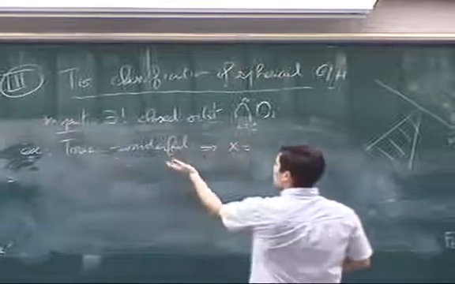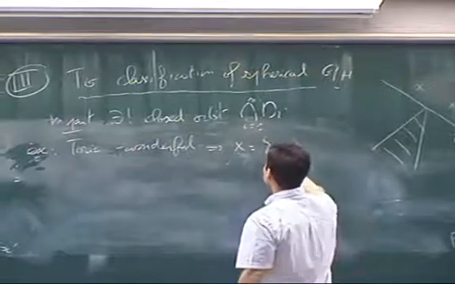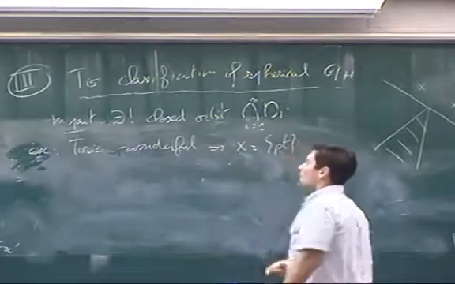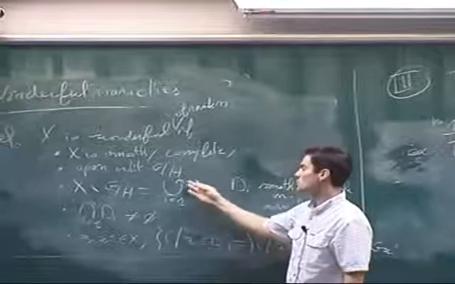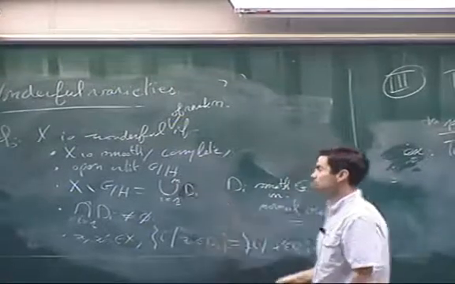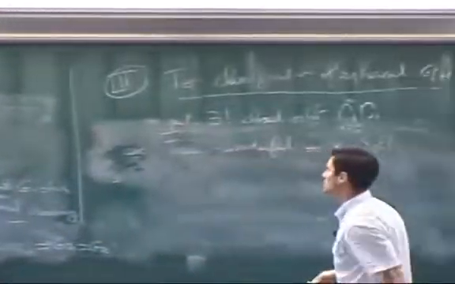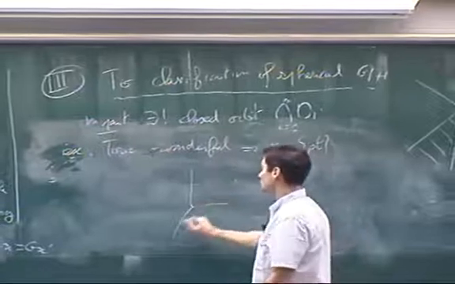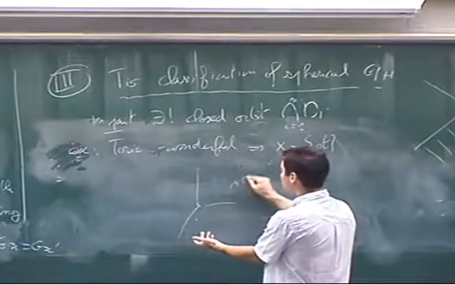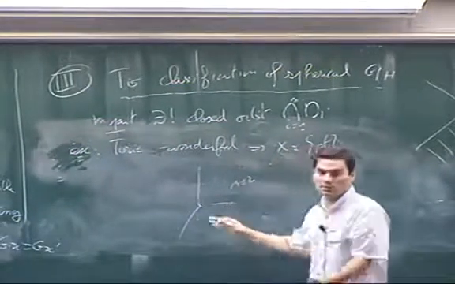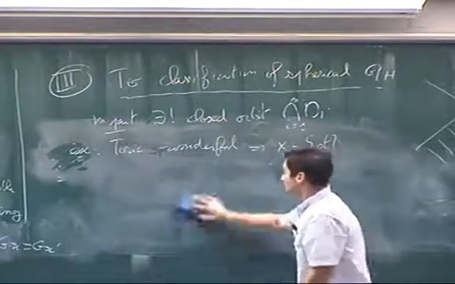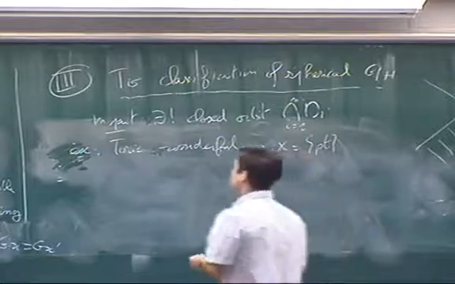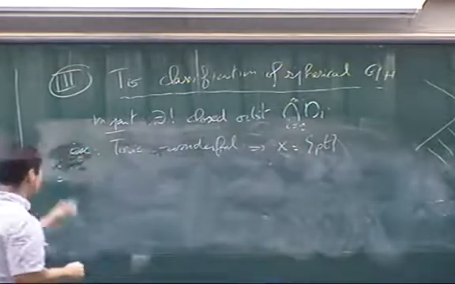So toric and wonderful implies that X is a point, because it's complete and you have only n divisors, so you can't have more. Here you have n equals 2 and 3 divisors, so it's not possible. So if you want the variety to be complete, there's no intersection between toric and wonderful.